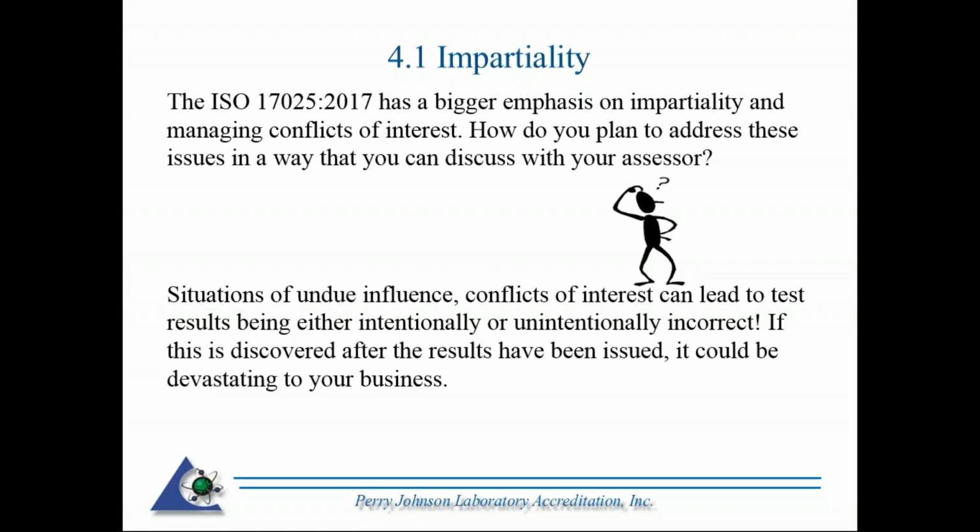Something you might want to be thinking about is how you plan to address these issues in a way that you can discuss with the assessor. You're going to be asked during the assessment process: how is impartiality addressed? How is it handled? How is it safeguarded?